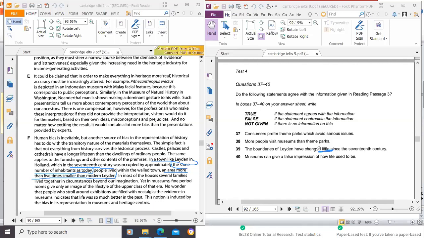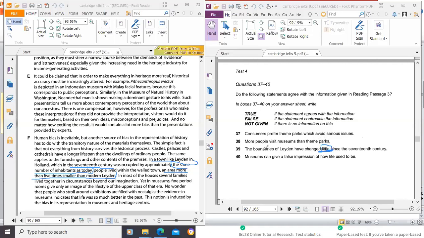This is what made this statement false. It would be true if they had said the boundaries of Leiden have changed grossly since the 17th century. It is false if it has changed just a little, because it is 500%.